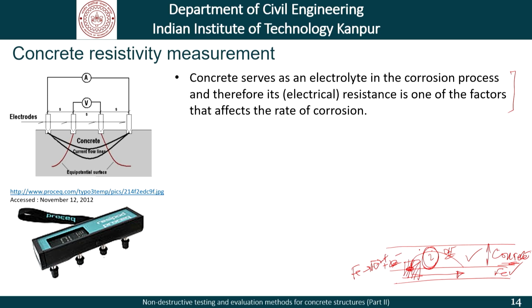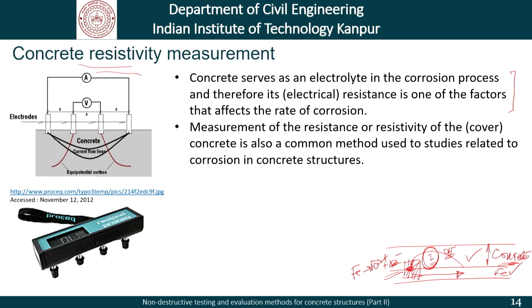The fact that corrosion has happened or not happened is one story. The rate of corrosion, that is the instantaneous rate at which iron is being lost at the anode, is basically related to the corrosion current. So, if we are able to shut off the corrosion current, and measurement of the concrete resistivity is just one of those parameters that we try to understand as far as corrosion studies are concerned.